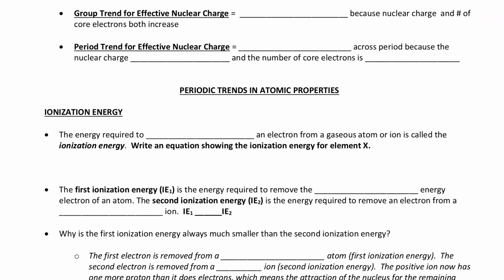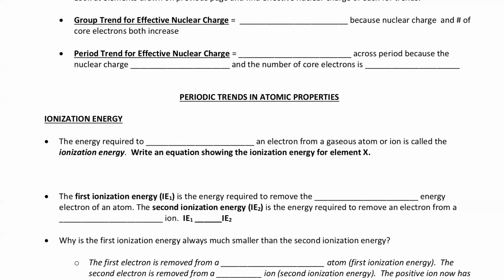Let's look at group trends for effective nuclear charge. Again, we've already touched on this. In a group trend for effective nuclear charge, in our same column, what happens? We already touched on this. In the group, the effective nuclear charge is going to be, you answered it for me already, Josh.